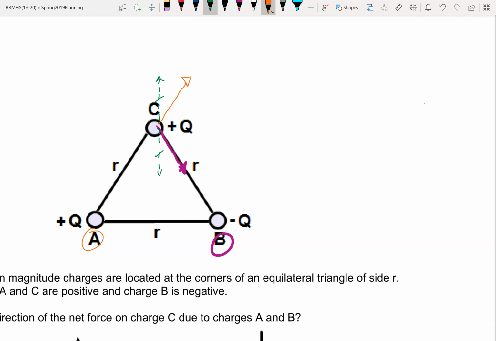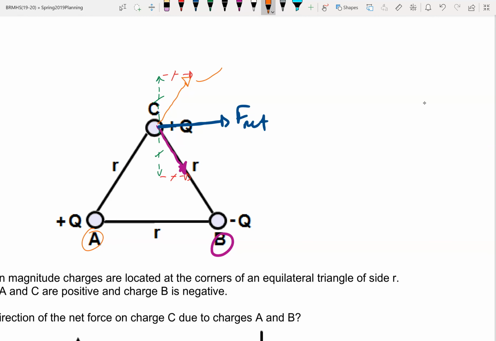And then I have a horizontal component of each one, and those are going to add together. They're also going to be equal because they're the same amount of charge and the same distance away from point C. Okay, so my total amount of force is going to be the sum of both those red lines. There's going to be my net force.